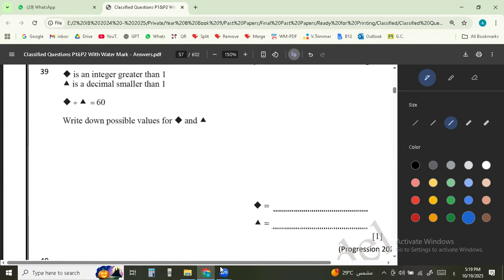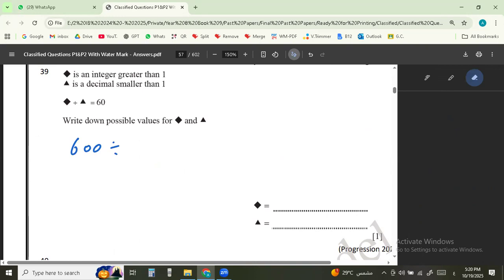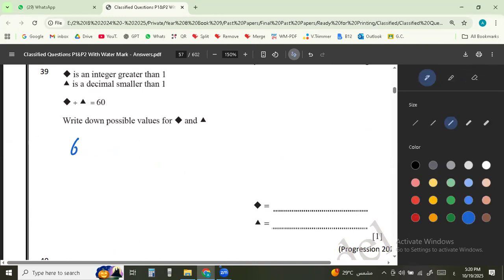They're telling you here that this is an integer and this is a decimal smaller than 1. So what is it going to be? 60, an integer. Mister, can I say it is 6 divided by 0.1?